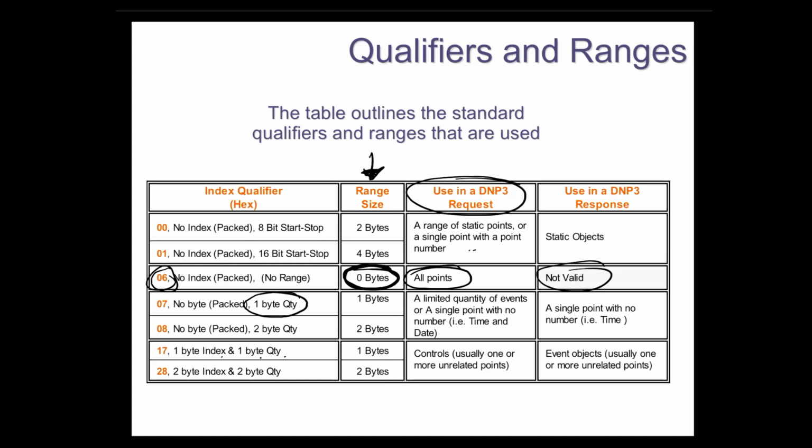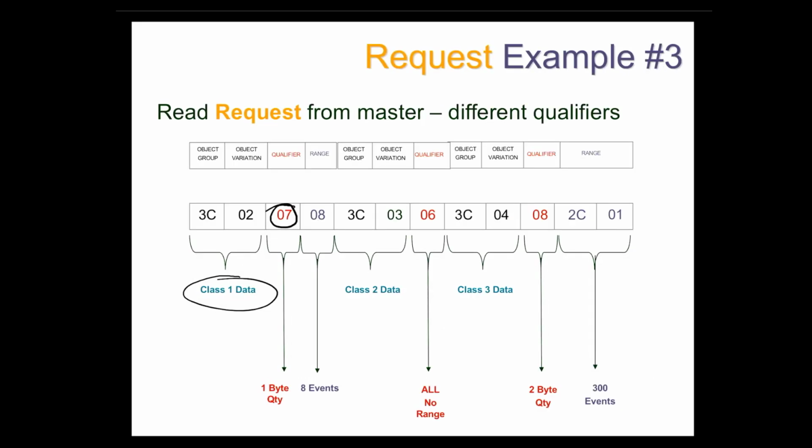So the range field is going to have a 1 byte quantity in it, and the size of the range field then is going to be 1 byte because it's just a 1 byte quantity. So if we go back here, we can see qualifier 07 is saying what's going to follow is a 1 byte quantity, and here we're asking for 8 events. Okay? So that describes a 07 in a request.